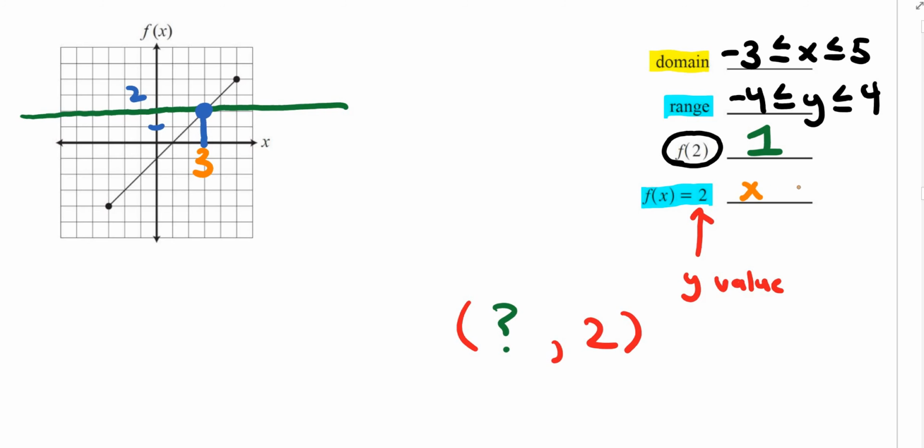So x would equal 3. All right, so if x is 3 here, then the y value is 2, right? So this point right here is (3, 2). All right, good. So that's it for question 11b.